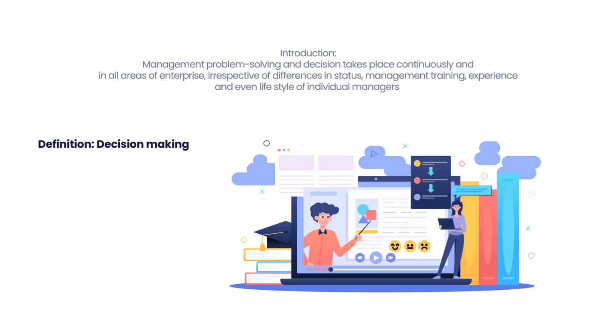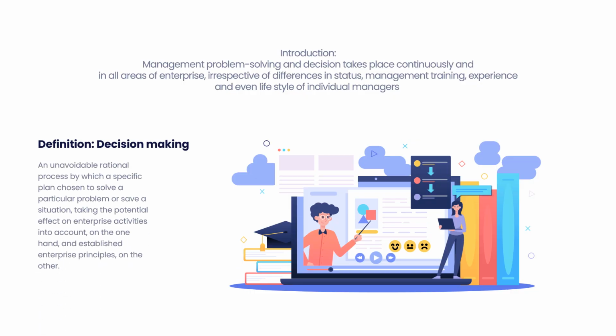Definition of decision making: an unavoidable rational process by which a specific plan is chosen to solve a particular problem or serve a situation, taking the potential effect on enterprise activities into account on one end and established enterprise principles on the other.